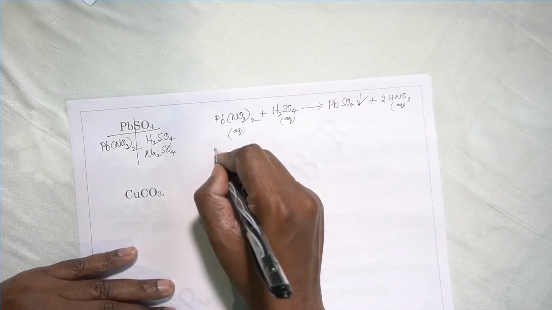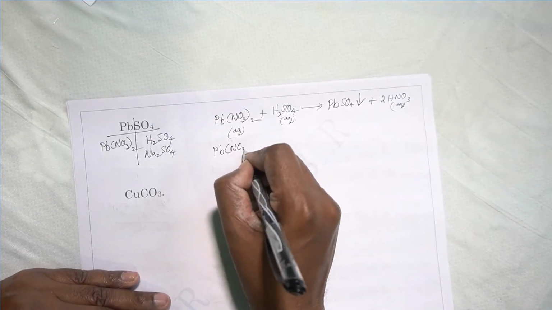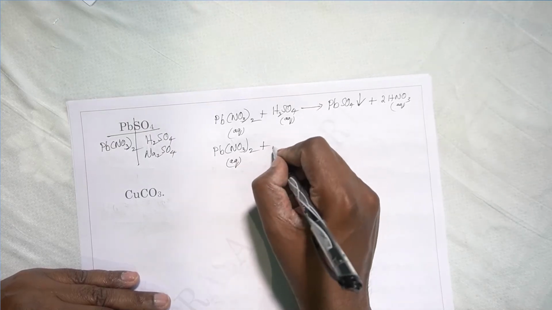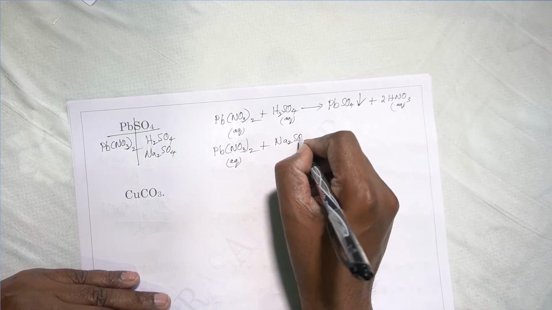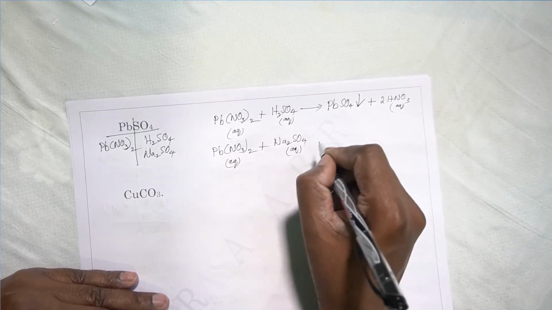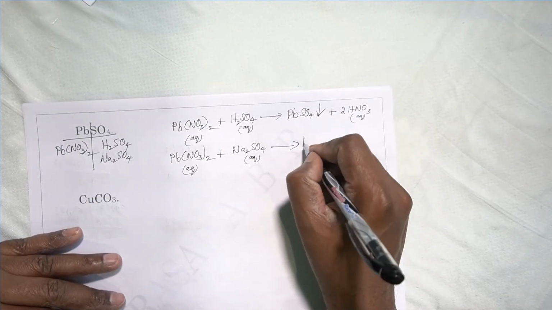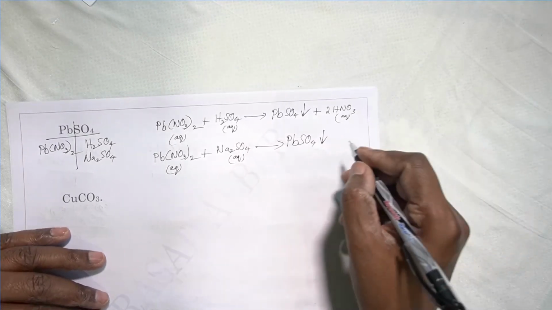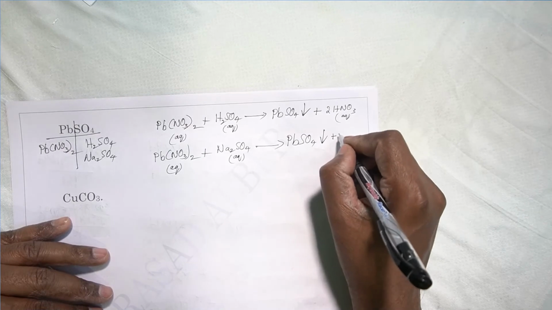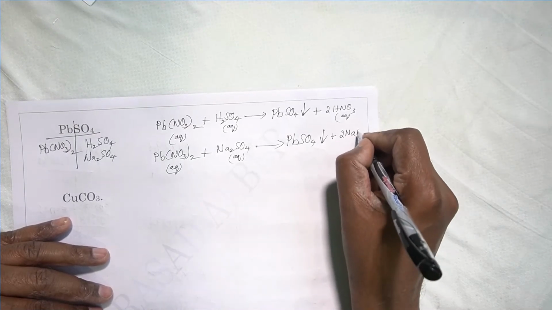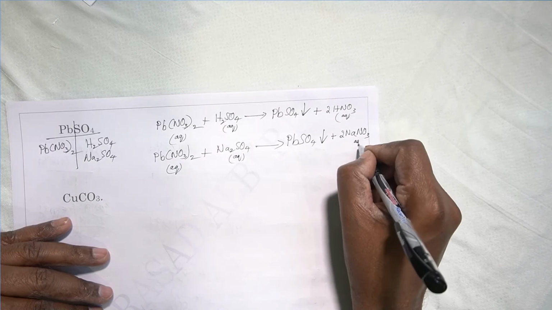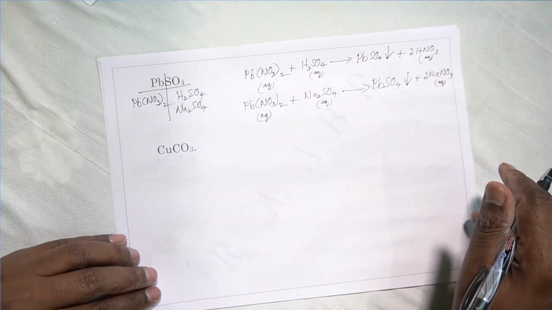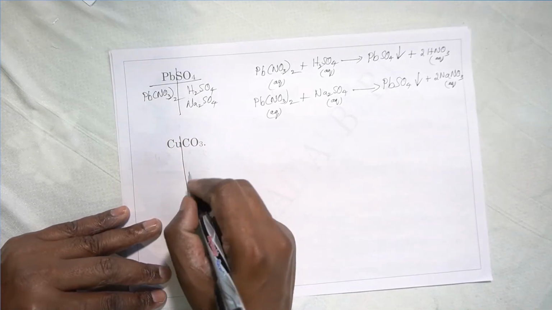Next we have Pb(NO3)2 in the aqueous form, plus we have Na2SO4 sodium sulfate is a soluble sulfate, aqueous, right? So you get PbSO4 insoluble salt precipitate, yes, plus we have 2NaNO3 sodium nitrate aqueous, right? That's all about lead sulfate, two equations only. Now we have copper carbonate, the last in the series.